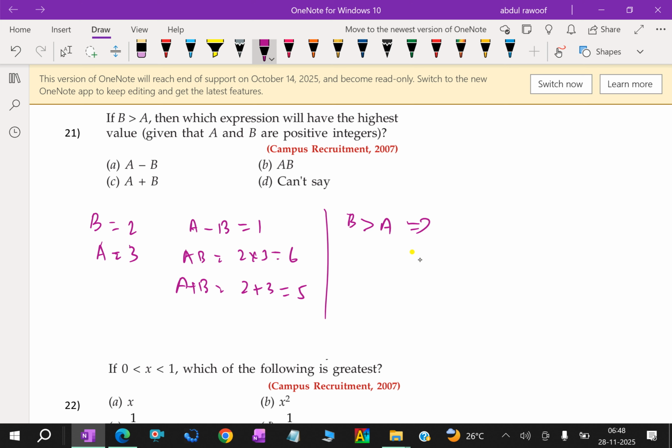So a is lesser than b, which implies a minus b is lesser than 0. Since a and b are both positive integers, we have a plus b is greater than 0 because both are positive integers, and ab is greater than 0.